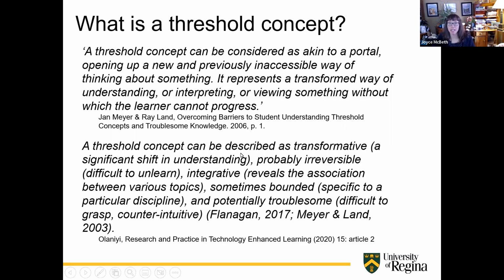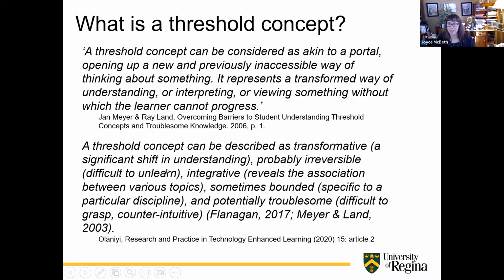And what I want to highlight in this definition, we've already talked about transformative from Jan Meyer and Ray Land's definition, but the irreversible part, I think, is really crucial to highlight. Once you're over the hump, you can't go back. And sometimes it means we can't even identify it anymore.